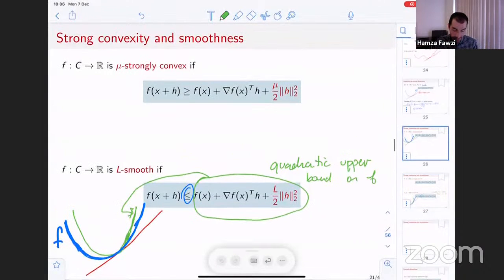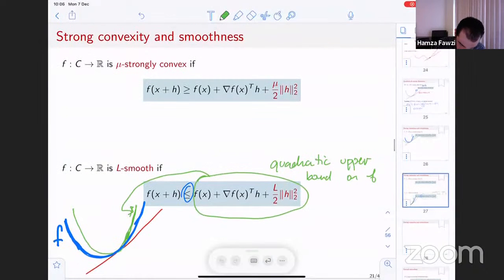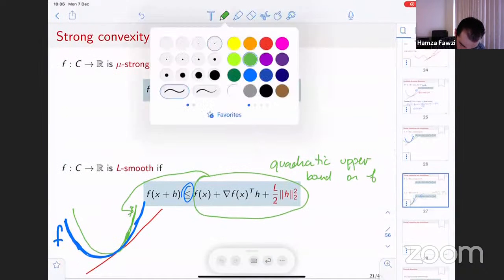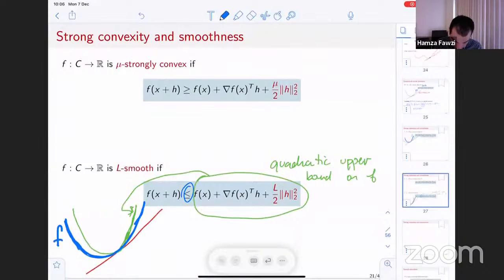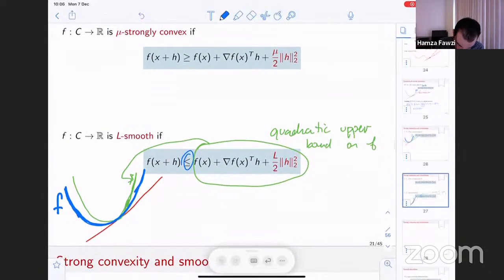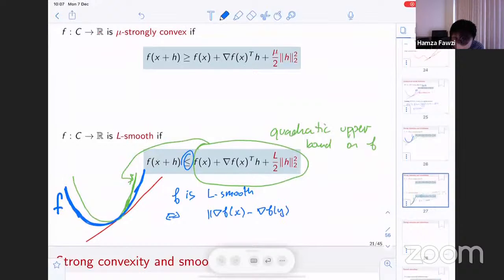This is what you get from L smoothness. In fact, I will leave this as an exercise for you: f is L smooth, meaning this quadratic upper bound condition, if and only if the gradient of f is L Lipschitz.